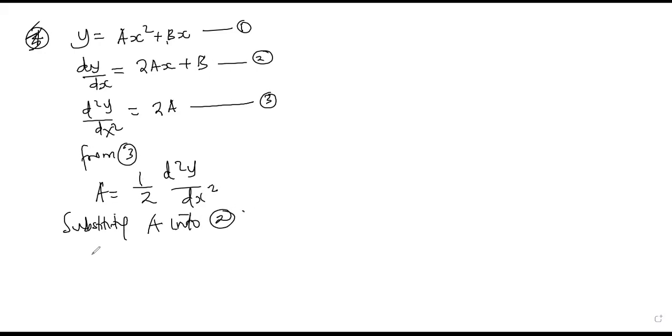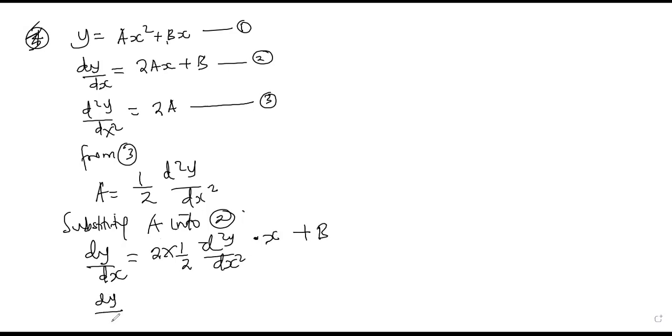So I'm going to have dy dx is equal to 2 times a, which is a half, d2y dx squared, then times x, then plus b.